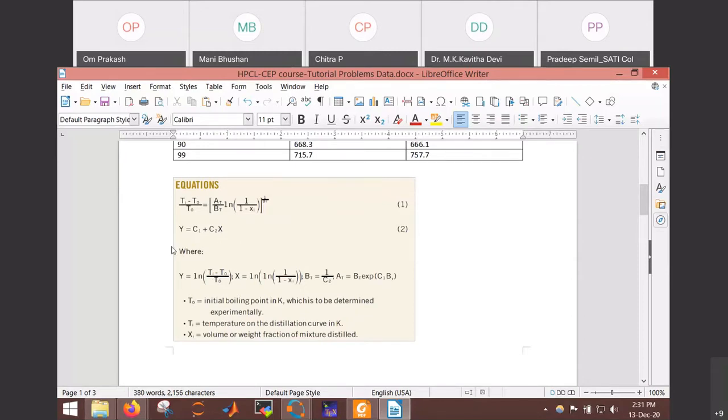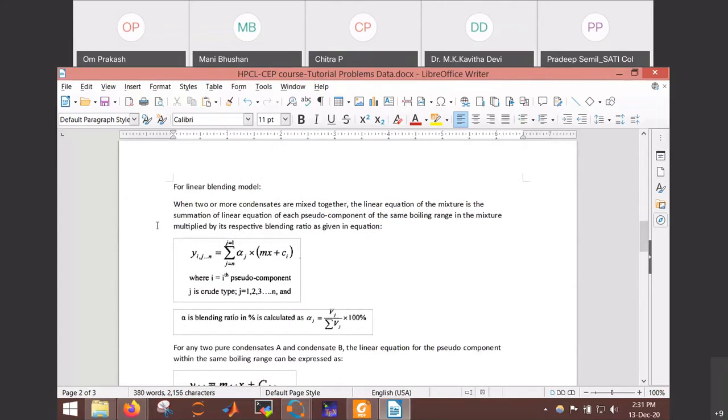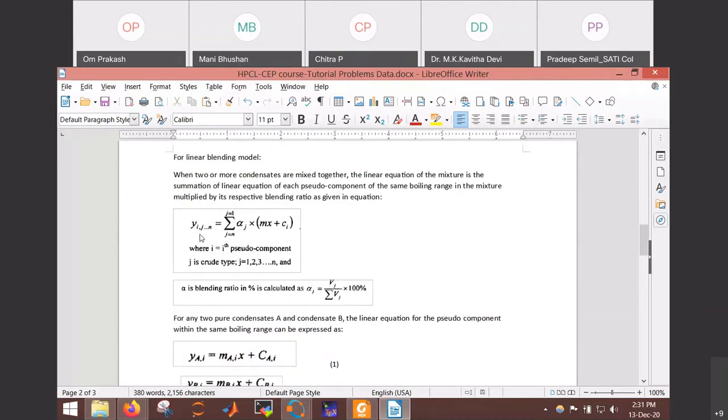Okay, and then it is also known that when two or more crude oils or condensates are mixed together, the linear equation of the blended mixture which is desired is the summation of the linear equations of each condensate.